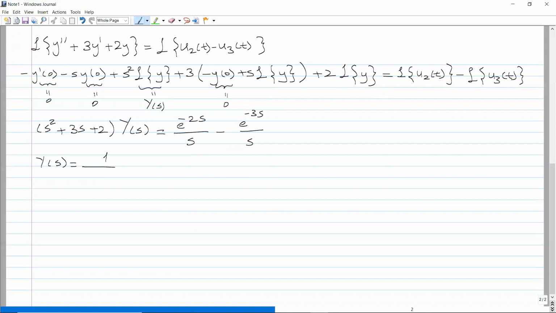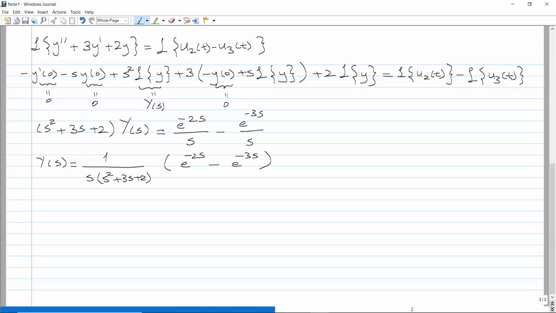The common denominator s, and from the left side, we need to divide by s squared plus 3s plus 2, times we have e to the minus 2s minus e to the minus 3s. Okay, now we need to solve our differential equation. We need to find the inverse Laplace of this function.